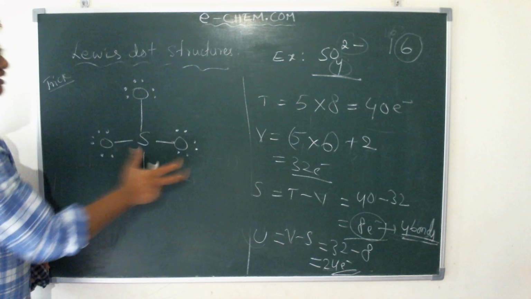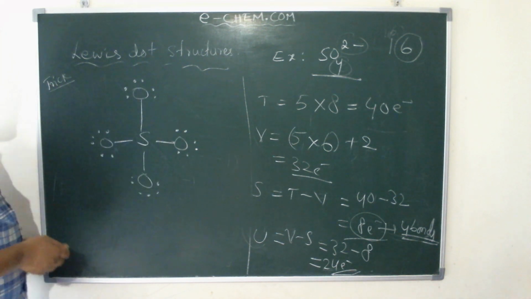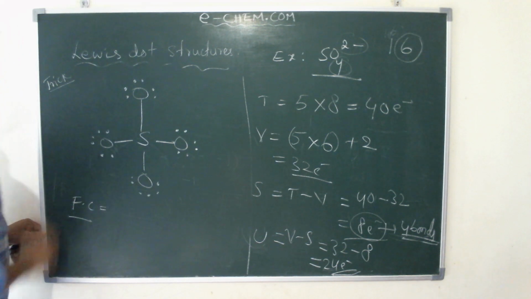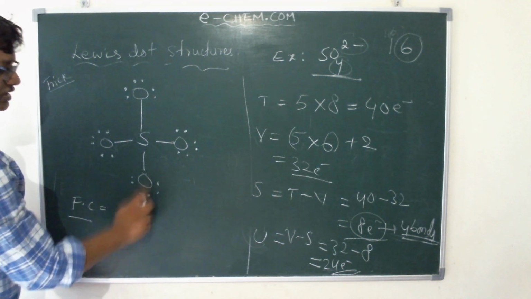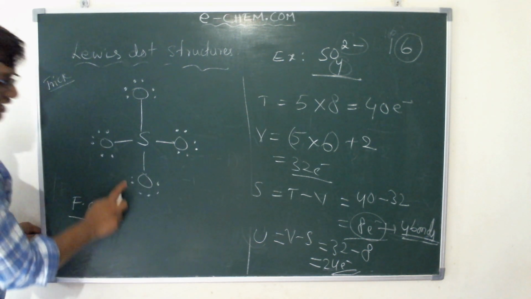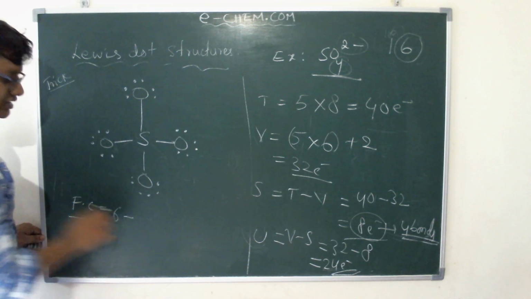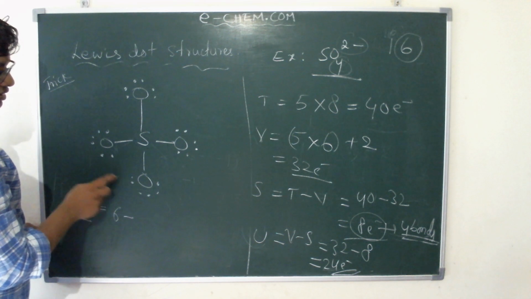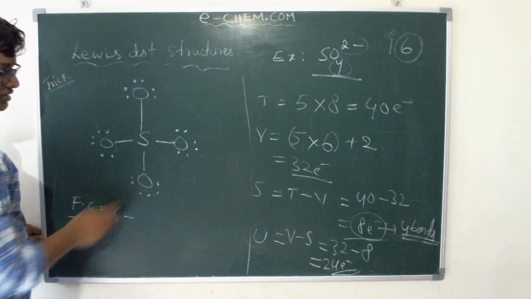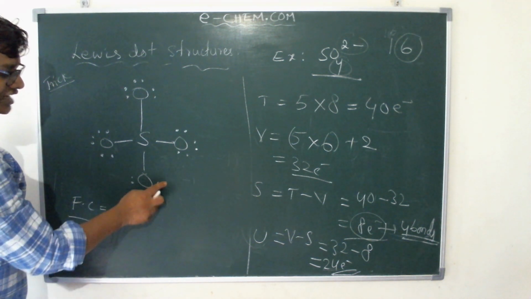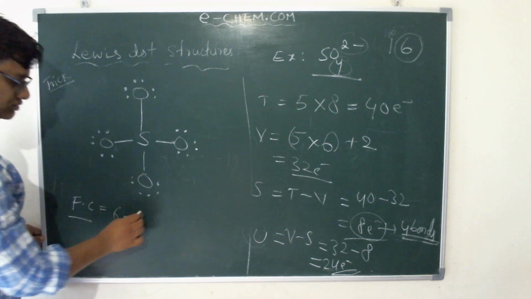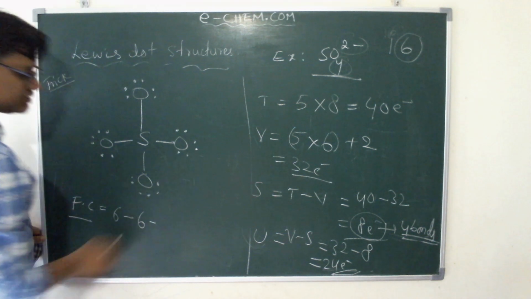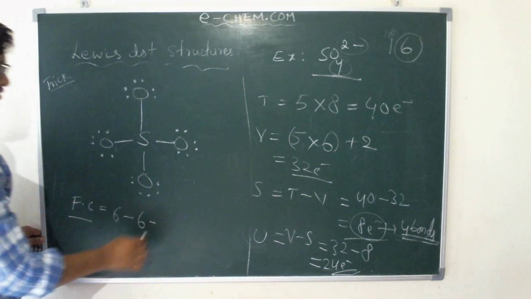Now the formal charge calculation. I'm taking this oxygen. Valence electrons, how many? 6. Same formula: number of unshared electrons, the non-bonding electrons, 6, minus the number of bonds, 1 bond, that is 1.